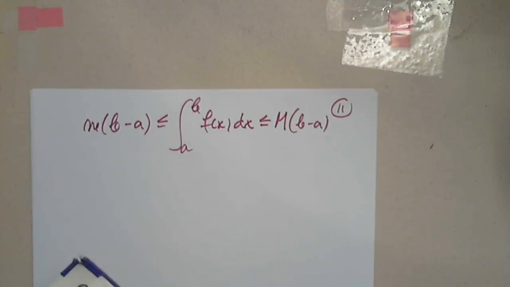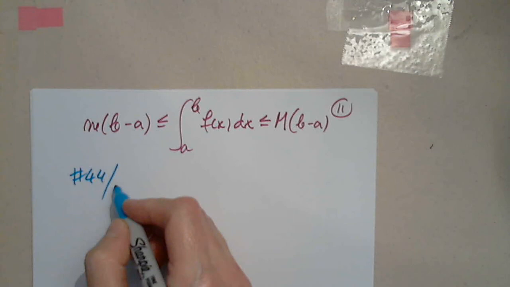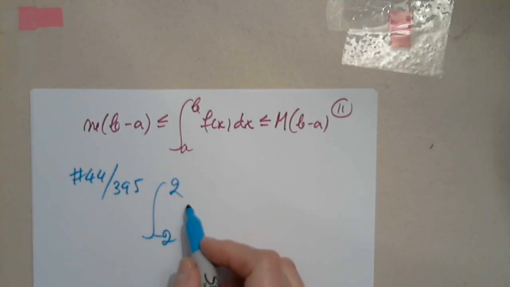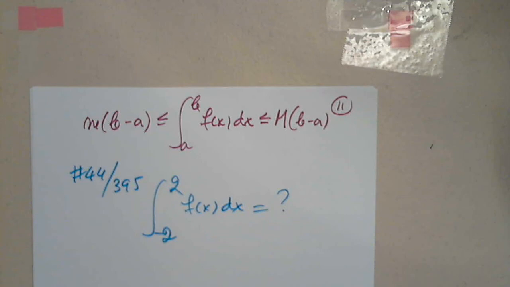Okay, here's an example. I'd like to start with 44 on page 395. We have the integral from negative 2 to 2 of f of x dx. This is what we are asked to determine.